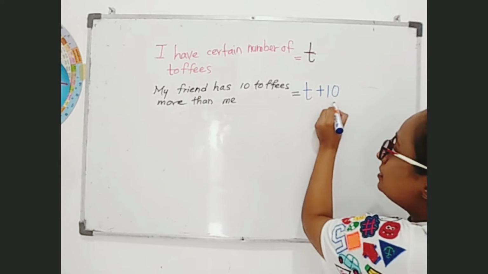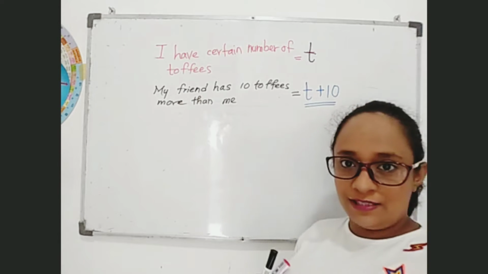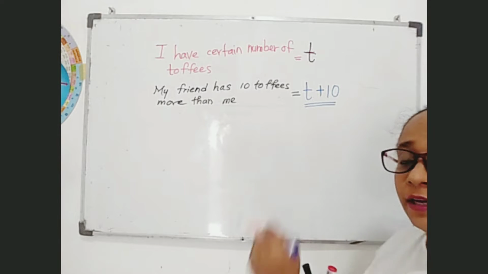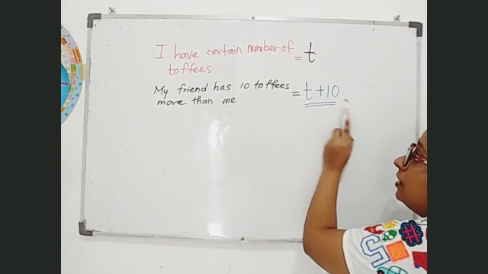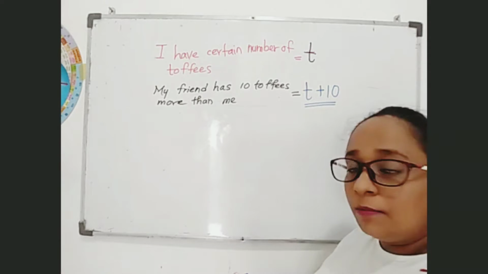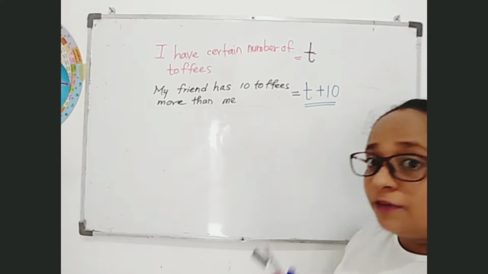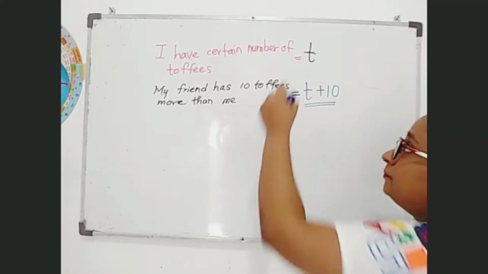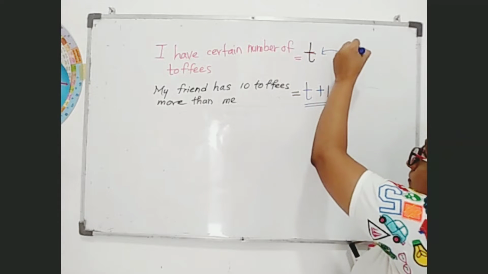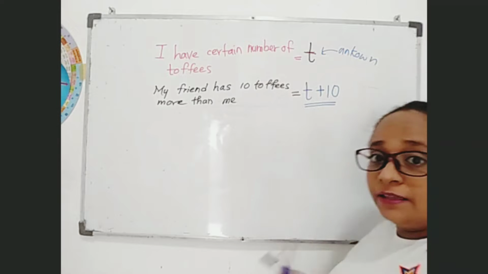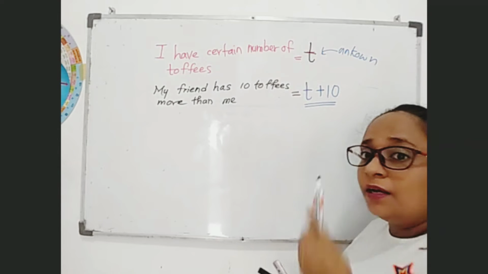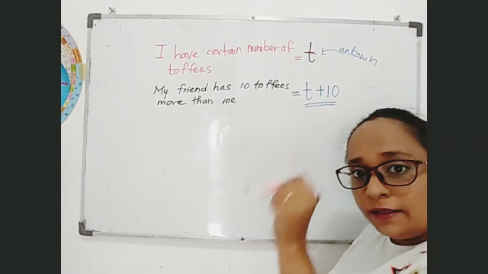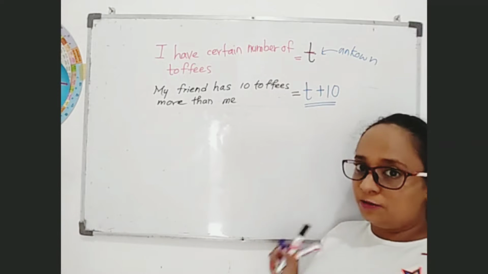So he has this many toffees. We can't get a single quantity because I don't know how much I have. It's an unknown term. This is unknown. So we can't get an exact number as the answer, but since he has 10 toffees more than me, we can add that and get it as an algebraic expression.